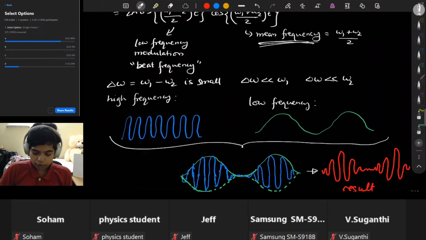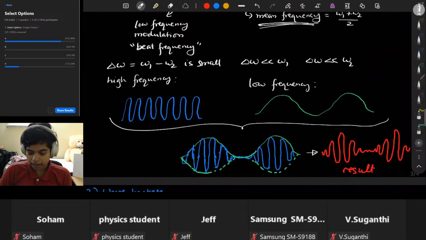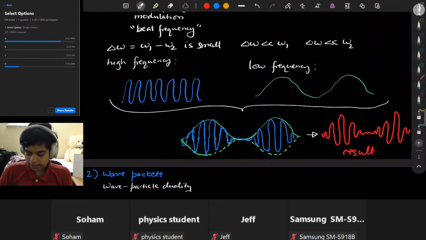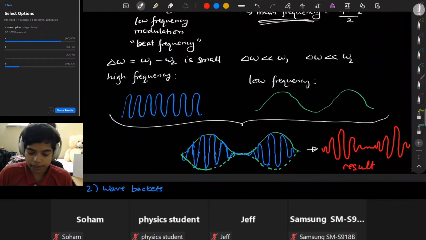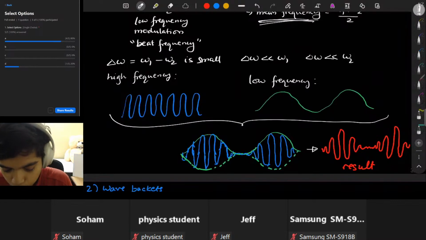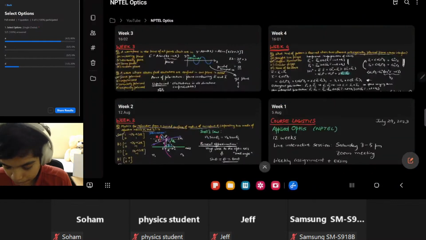So what we saw is we had this high frequency blue wave modulated by this low frequency green wave to get this resultant red wave. And this was the beat frequency, and we could actually hear this. To refresh your memory, let me show that simulation to you once again.